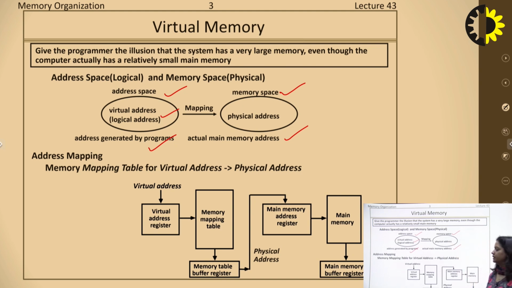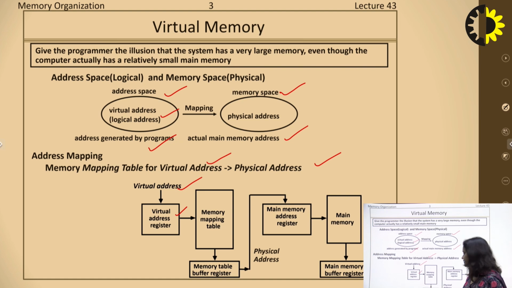So in an address mapping scheme, for utilizing the virtual memory, we have to convert the virtual address to a physical address. And how is that possible? By using this logic. First of all, the virtual address issued by the CPU is loaded into a virtual address register.